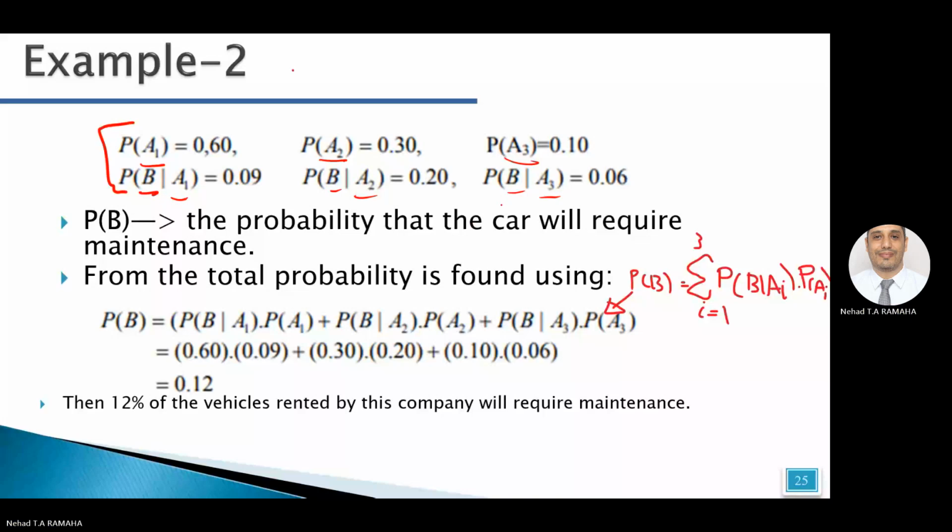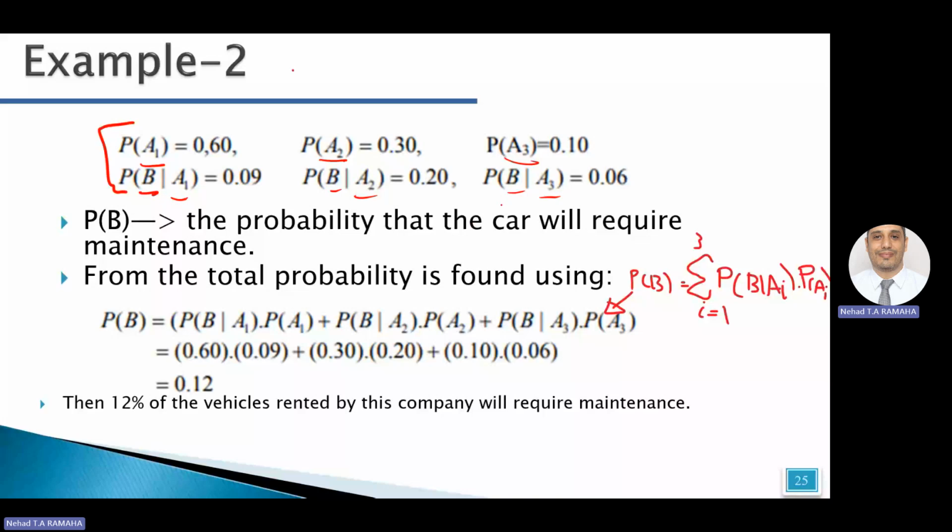The second is the probability of A2 given B. So the probability that the car comes from A2, given it is broken or needs maintenance, equals the probability of B given A2 multiplied by the probability of A2, divided by the probability of B. This same probability of B equals the summation for i equal 1 until 3 of this one.